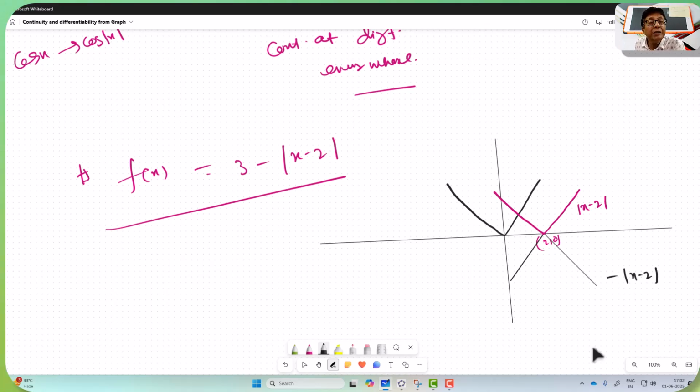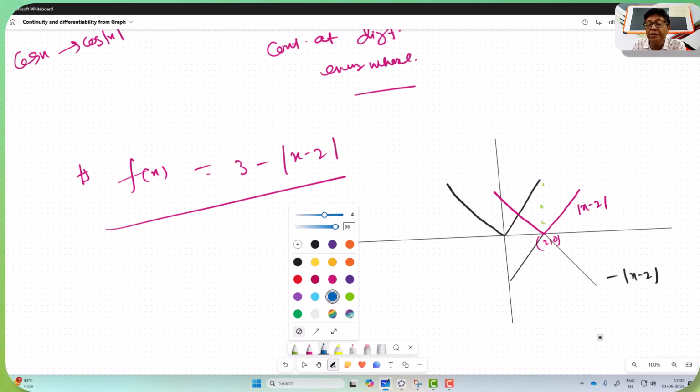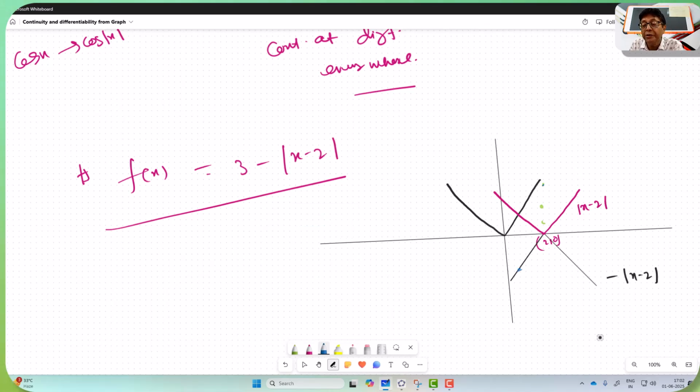Now, how to get the graph of 3 minus mod x minus 2? The same graph will be shifted upward by 3 units. If you shift it upward by 3 units, then you get the desired graph. This blue one will represent 3 minus mod x minus 2.